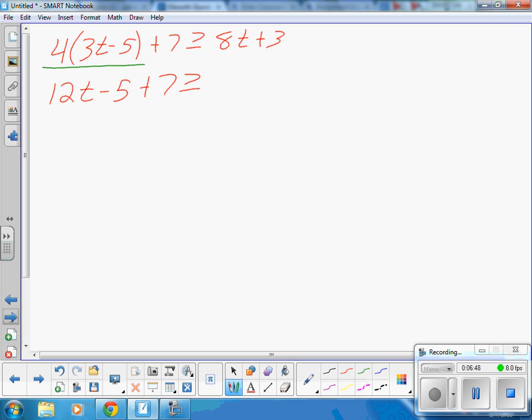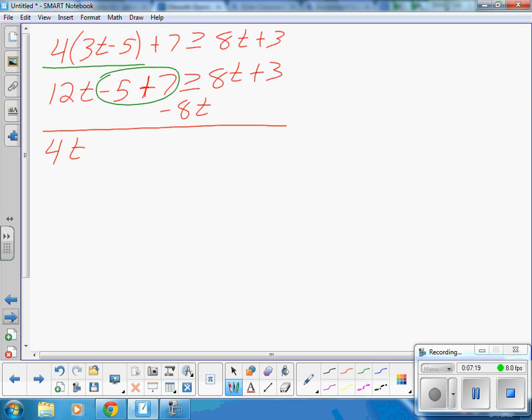Plus 7 greater than or equal to 8t plus 3. I need to figure out what I'm going to do with my variables. I have 12t and 8t. If I subtract 8t from both sides, that'll give me a positive variable, which I prefer. So that would be 4t minus 5 plus 7. I can do this math here now as well. Minus 5 plus 7 is plus 2 greater than or equal to 3.